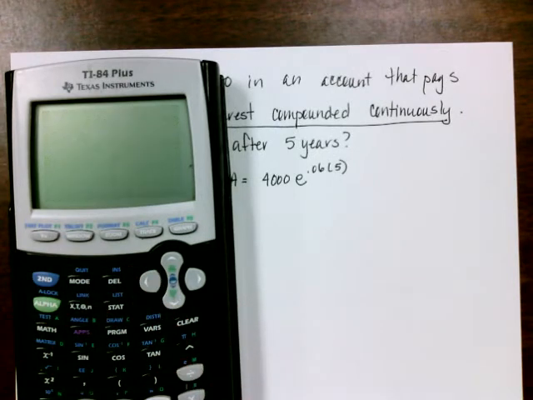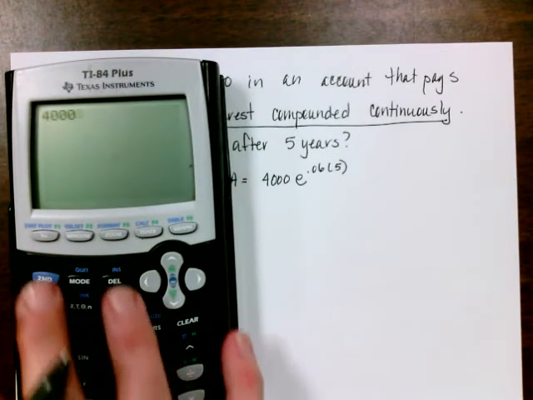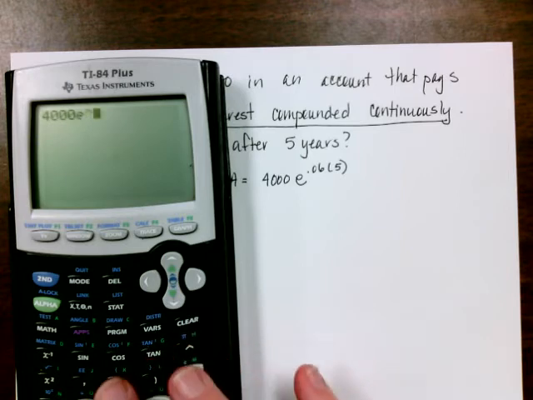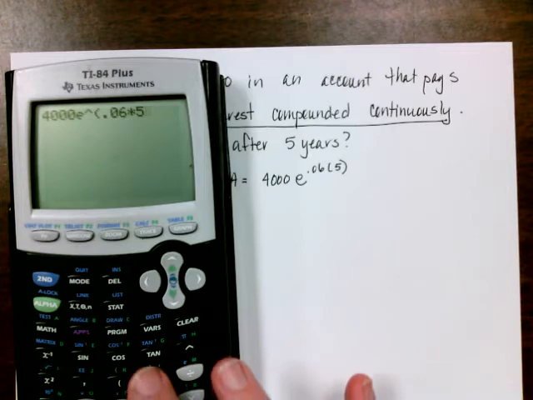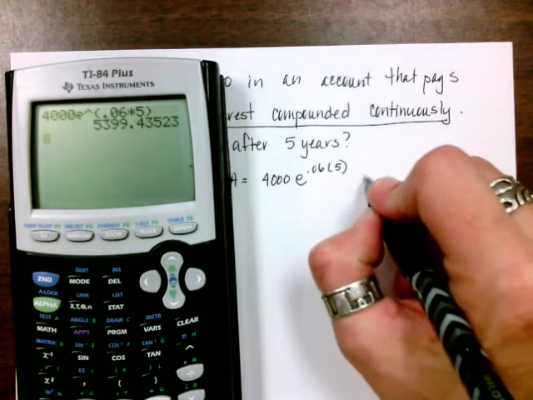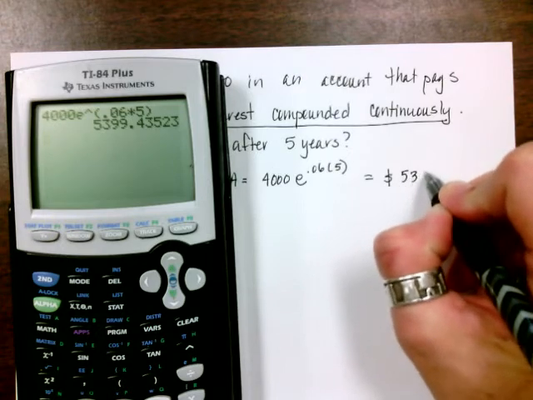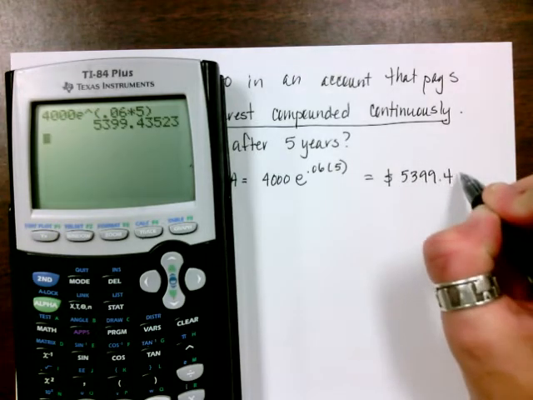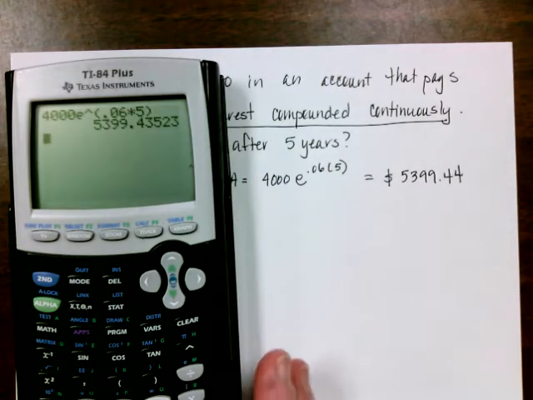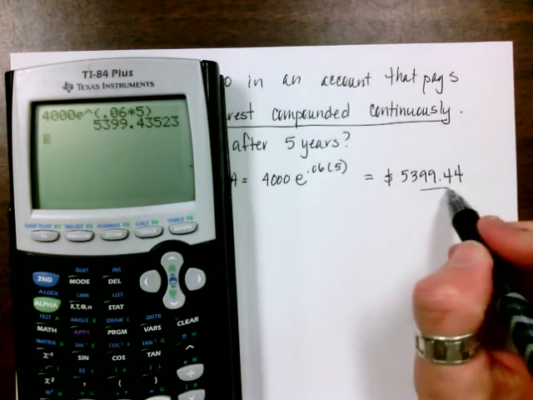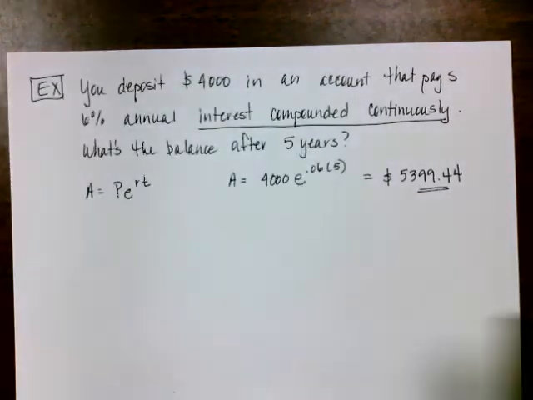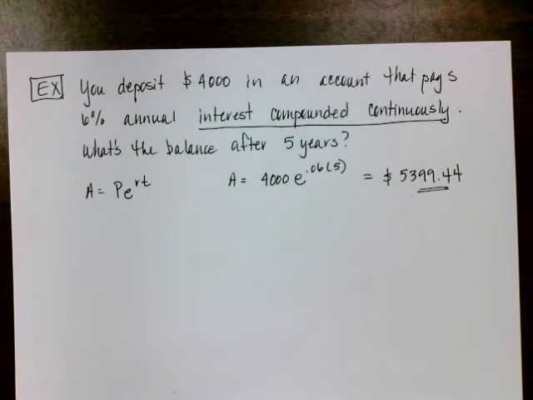I'm going to enter 4000, second e, raised, parentheses, 0.06 times 5, close, go. And in 5 years, I would have $5,399.44. When we do money, we only do two decimal places. So that would be my amount in the bank after 5 years.